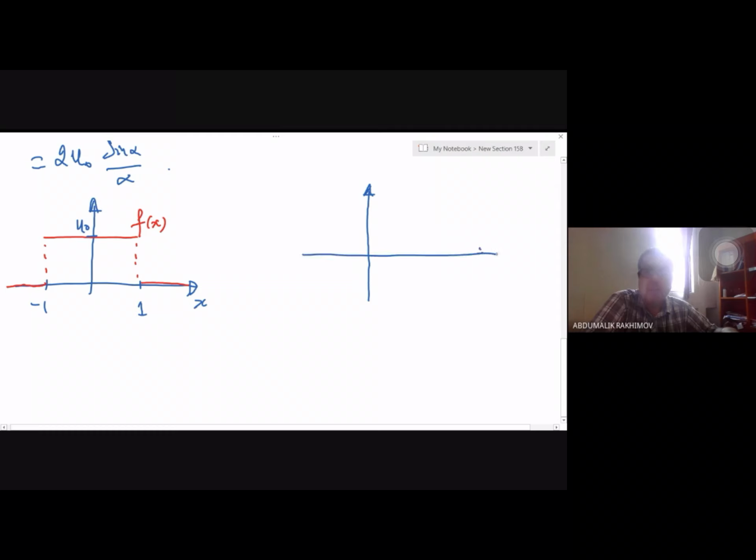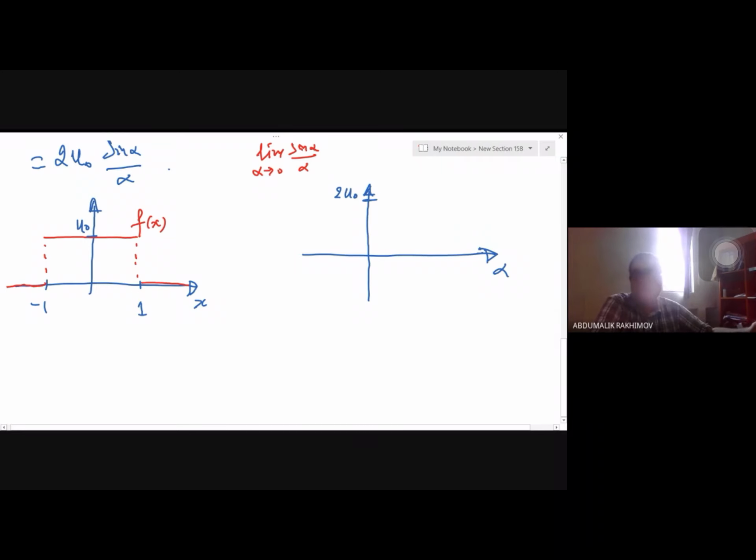Let's say this is the alpha axis. This level is 2u0. And let me remind you from calculus, the limit when alpha goes to 0 of sine alpha over alpha. How do you find it when alpha is 0?